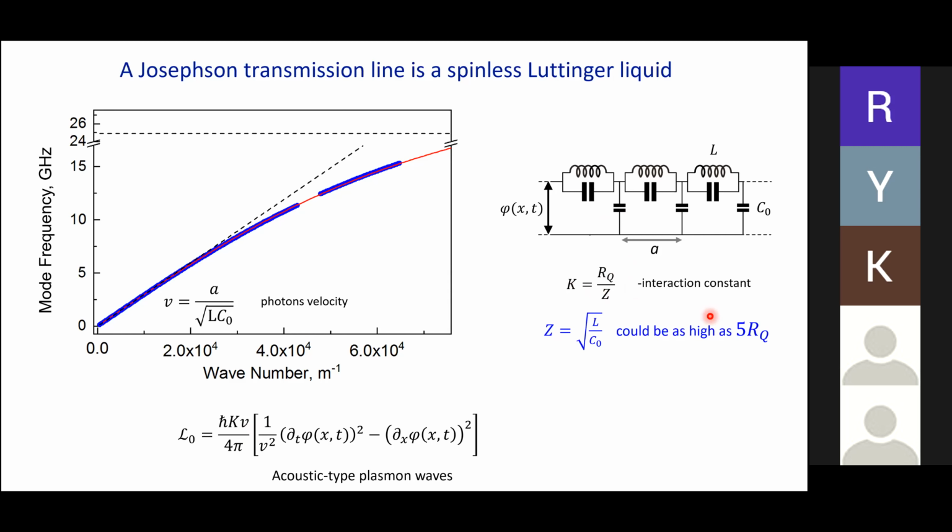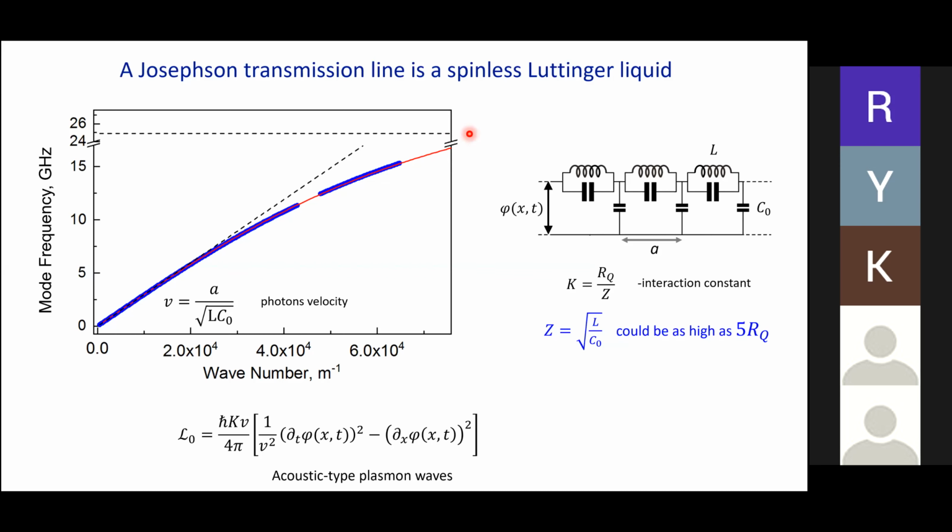So we can go not only to the special point K equal to 1, where Z is equal to 6.5 kilo ohm, but we can go as high as 5 R_Q. So we can be in K less than 1, K equal to 1, and K larger than 1. That's why we call it a Luttinger liquid, and that's why you need Josephson junctions.